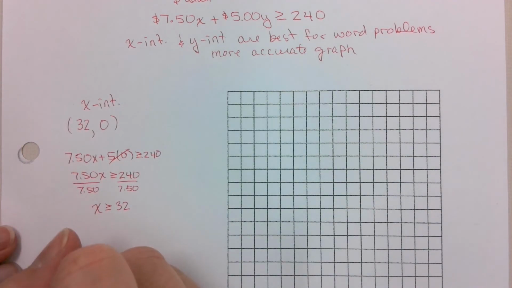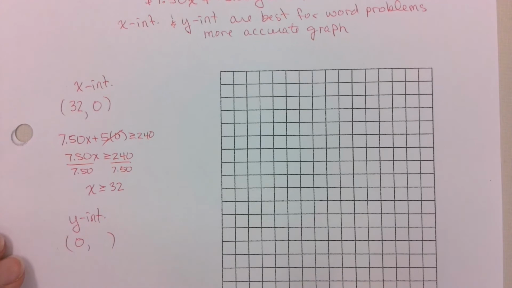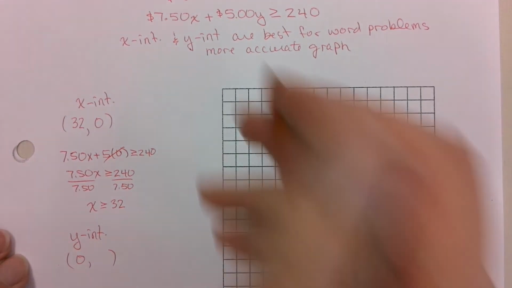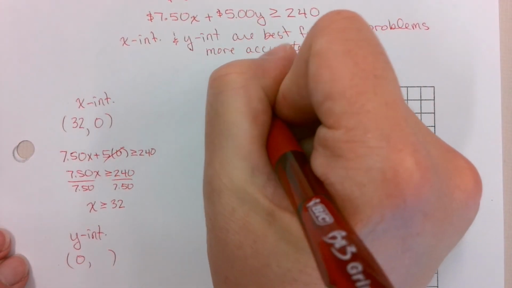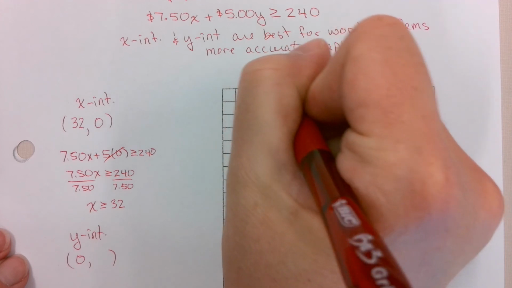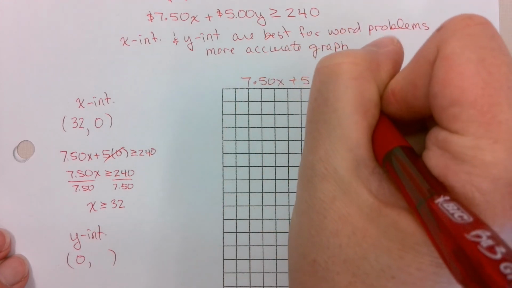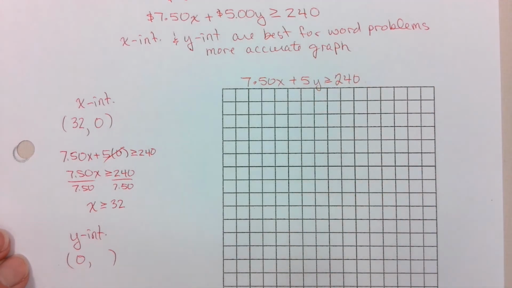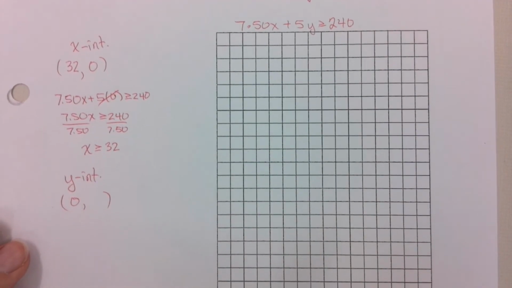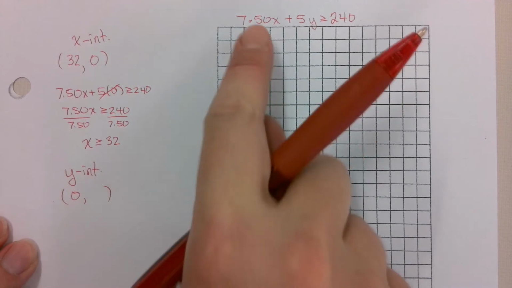All right, let's take a minute and find our y-intercept. Again, an ordered pair, it's on the y-axis, the x value is 0. Maybe I'll bring my equation down here. Just brought that down, that way I have it in place. Okay, so take the 0 and plug it in.